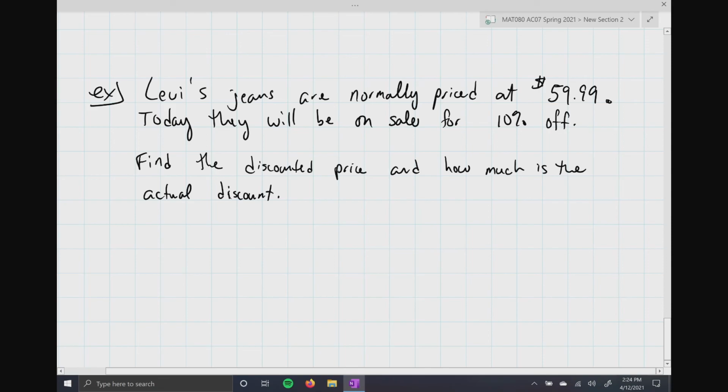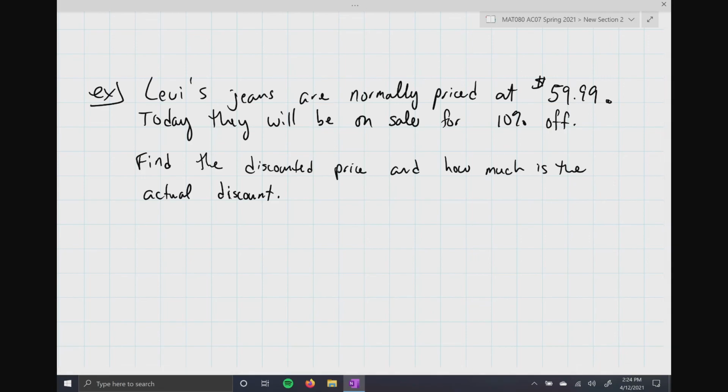All right. So Levi's jeans are normally priced at $59.99. I think that's what they are. I don't know. I buy all my clothes from basically Costco. Costco is like, for me, a dream come true. I can go there and get a steak, toilet paper, clothes, and a hot dog. It's the best thing ever.